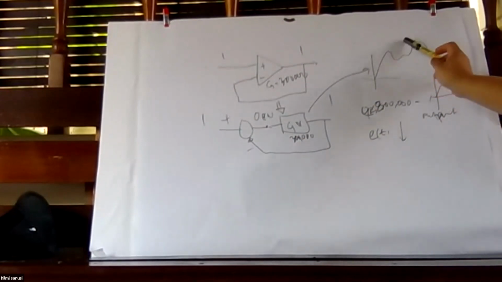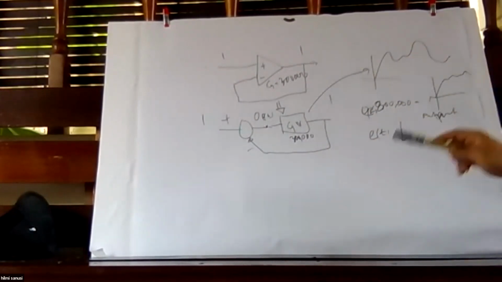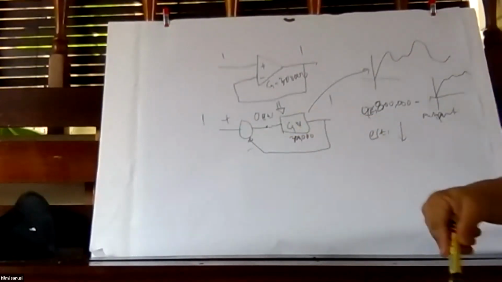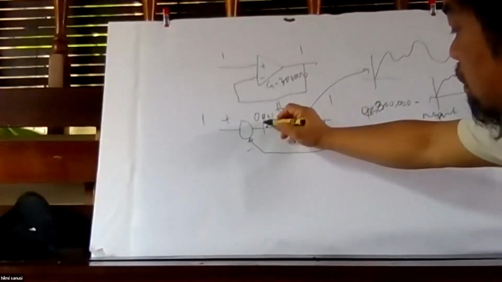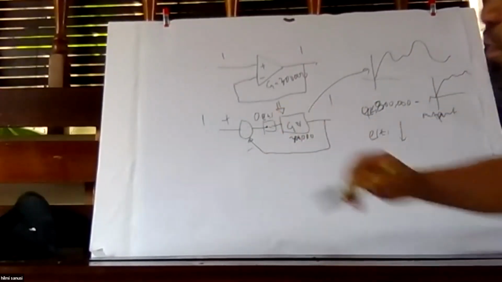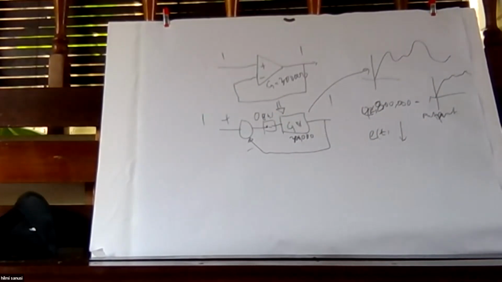So error times the system will get the output. So kita nak tengok macam mana kita nak buat satu controller so that this controller actually will modify the error signal.